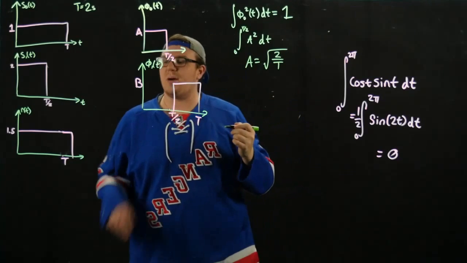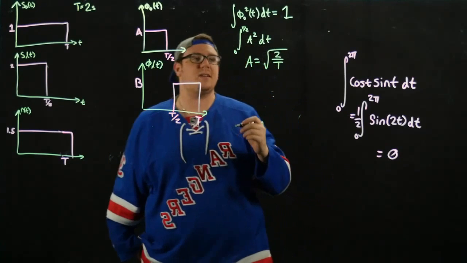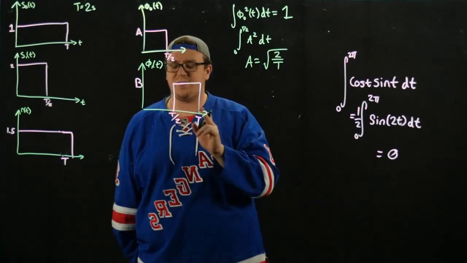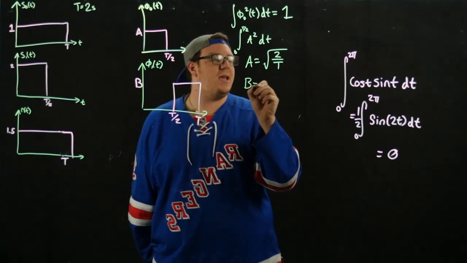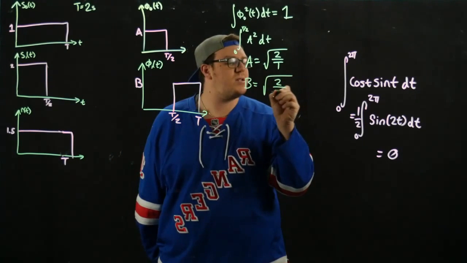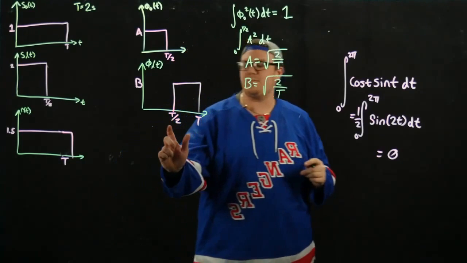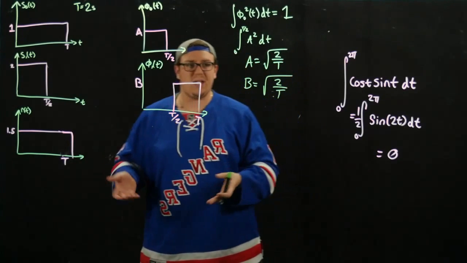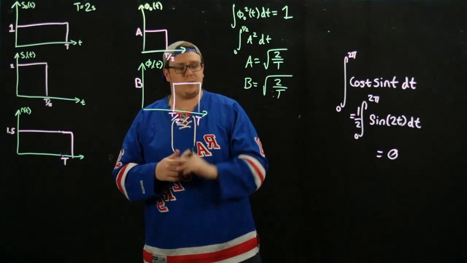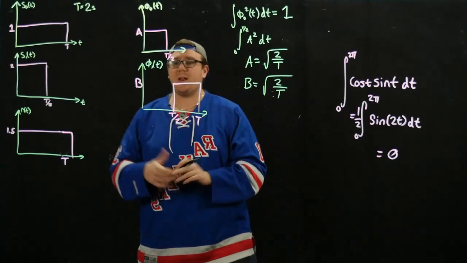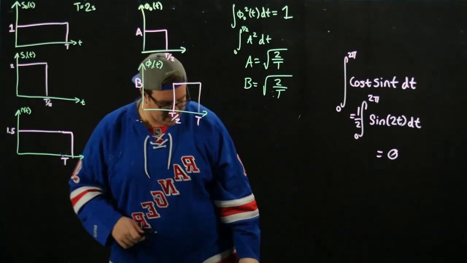And to save you the trouble, what actually ends up happening here is that you end up with the same thing, because it's a pulse of the same length and the same form. You should also end up with b equals the square root of 2 over T. If you carry out the integral from T over 2 to T of b squared dt, it ends up being the same thing, and setting it equal to 1. So we now know what these heights have to be. So let's fill that in very quickly.